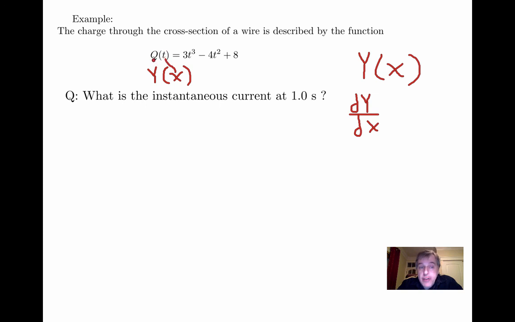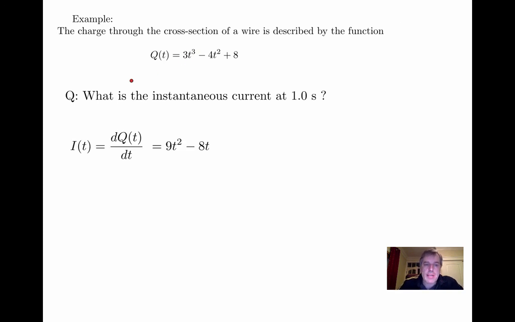And the function q here is the equivalent of y. So this is like if you had, let's say, the function y of x equals 3x cubed minus 4x squared plus 8, and you differentiate with respect to x in calculus. Now we differentiate with respect to t. It's pretty easy once you make the switch from x to t.